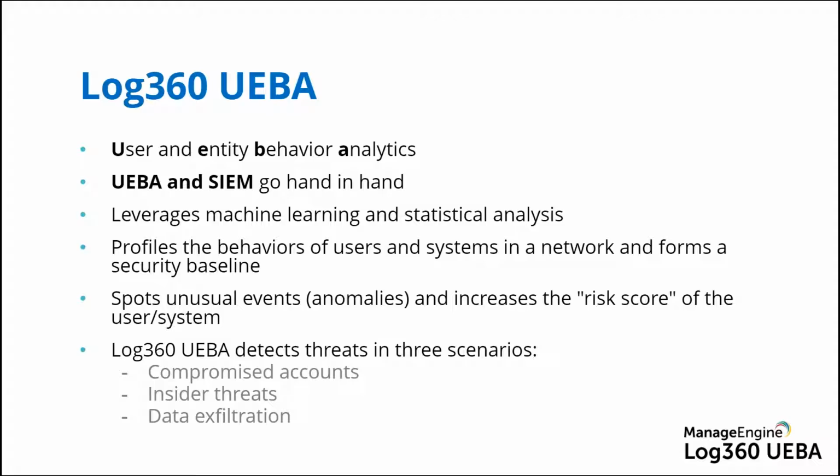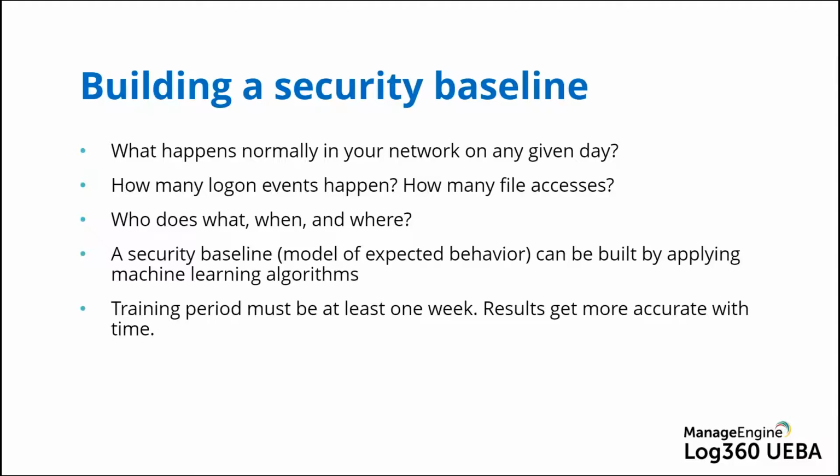There are two concepts that I'd like to explain very quickly related to how UEBA works: baselining and risk scoring. The UEBA algorithm builds a security baseline for every single user and every single device in your network. It identifies what happens on a normal basis on any given day. How many times does a particular user log on?